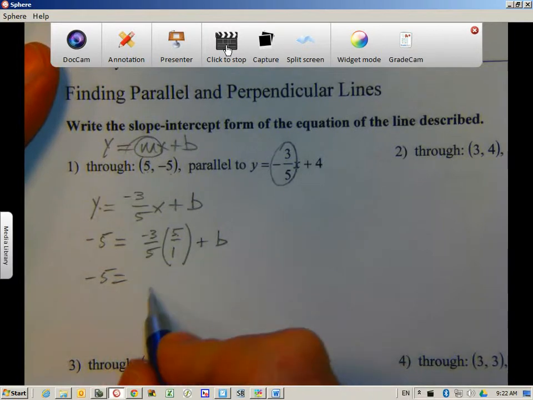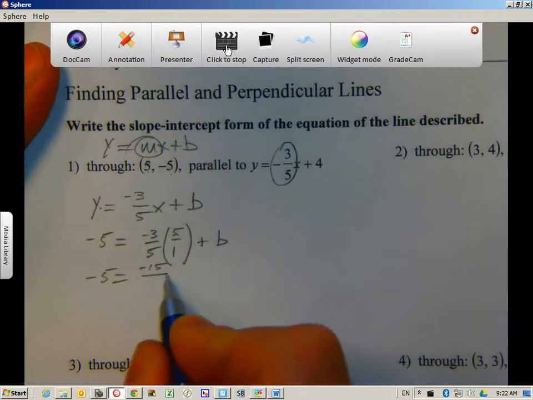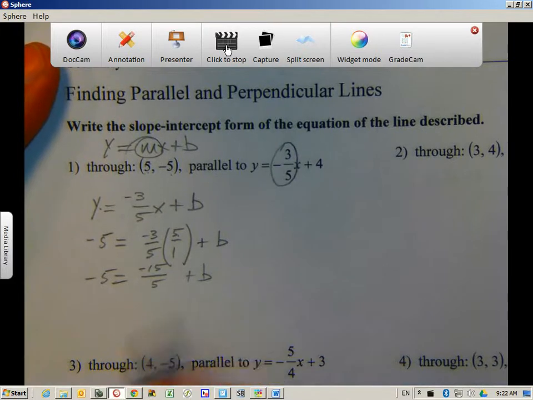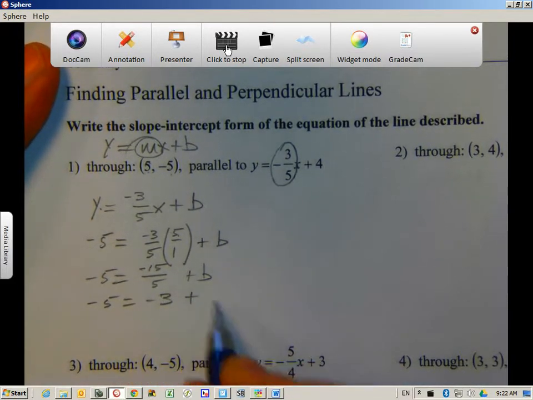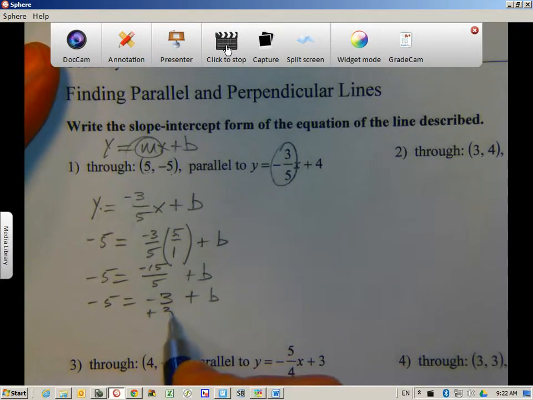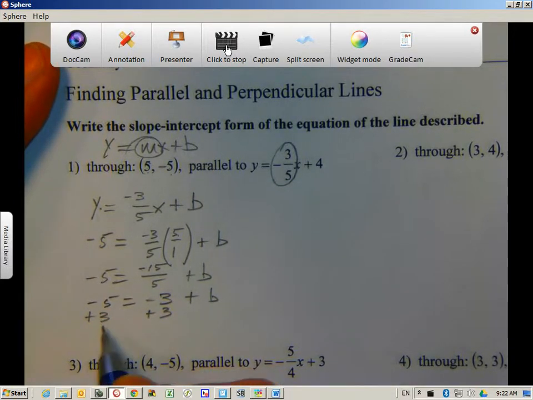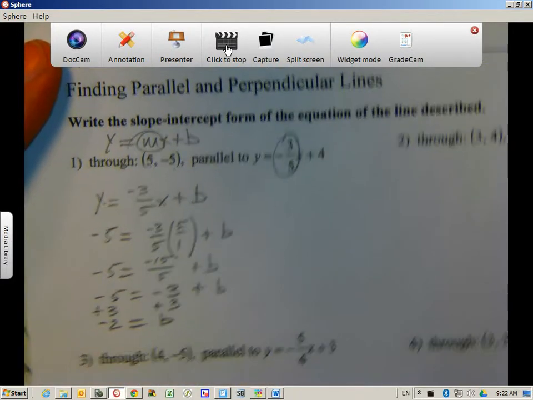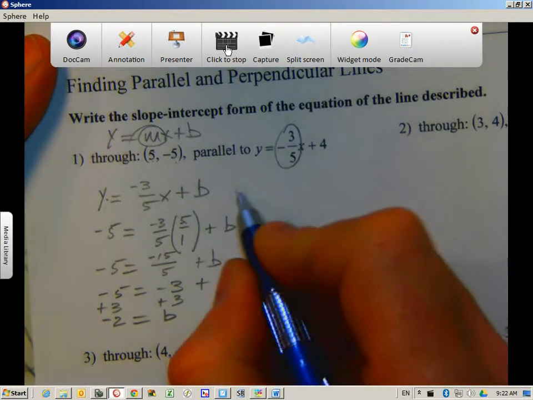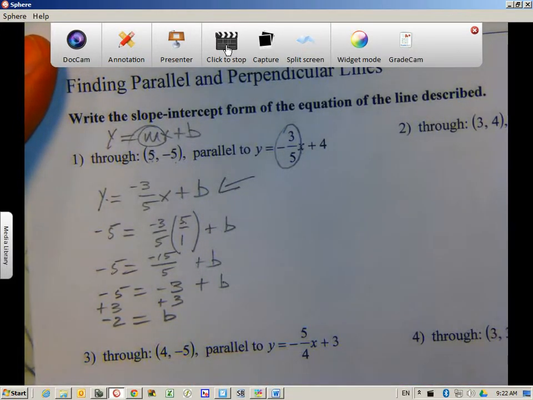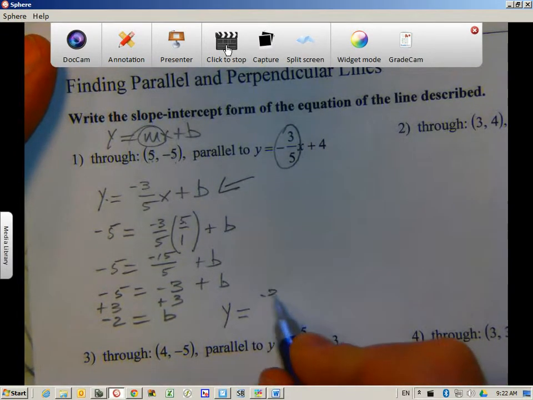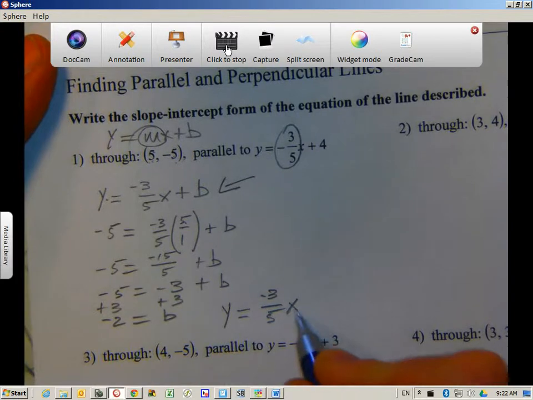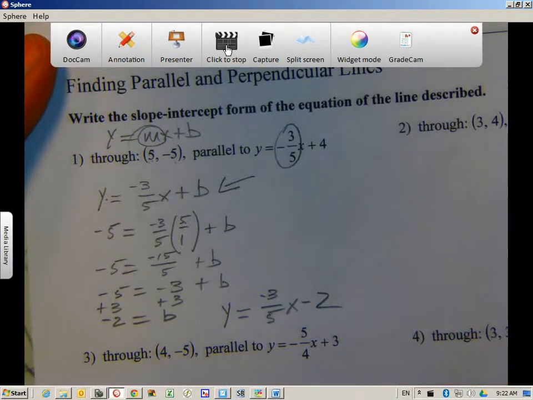I'm going to have negative 15 over 5 plus b. And if I simplify, I get negative 5 equals negative 3 plus b. If I add 3 to both sides, I get negative 2 equals b. And if b equals negative 2, I can write this equation now with a value for b. And that final equation is y equals negative 3 over 5x minus 2.